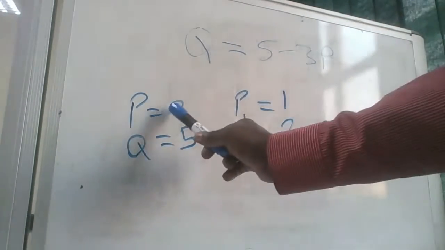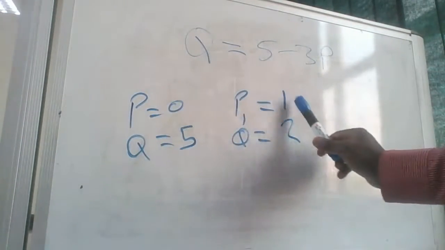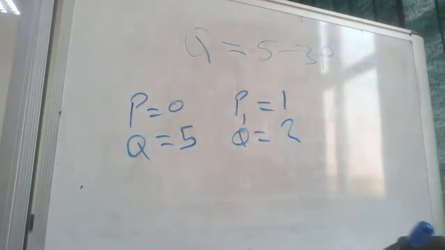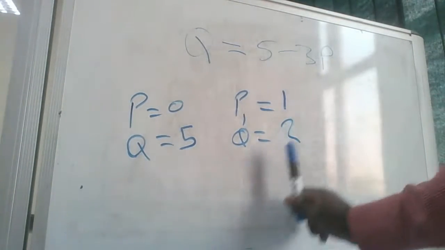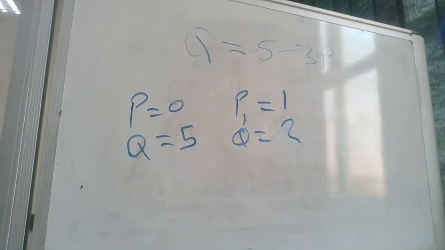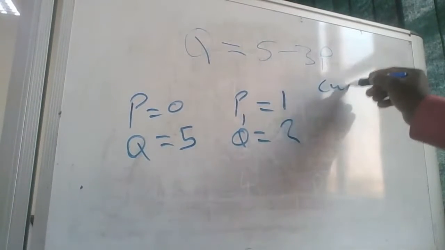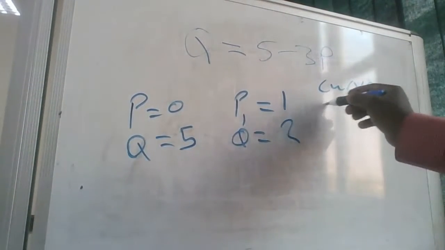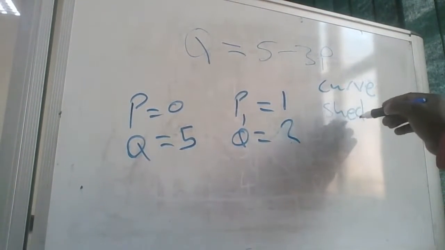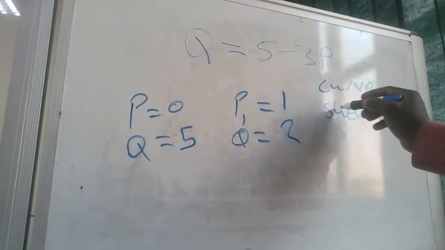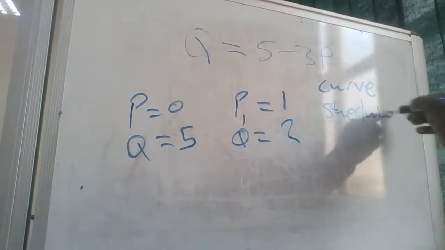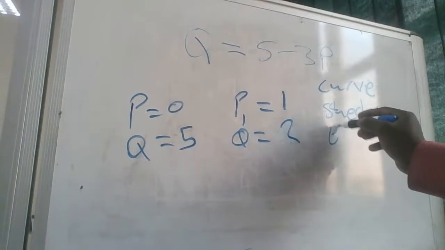So we see that as we are increasing the price from 0 to 1, our quantity demanded is reducing from 5 to 4. Hence, we have shown 3 ways in which we can display our demand. One is by a curve, showing a demand curve. Second, we'll use a schedule, and then we've used an equation or a function.